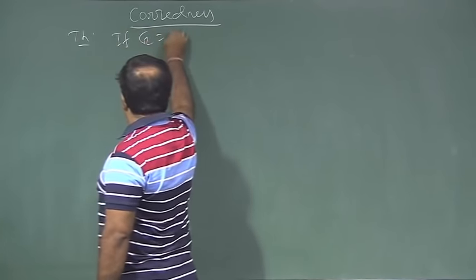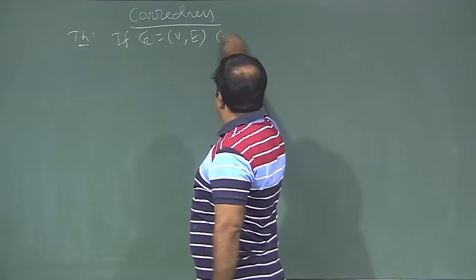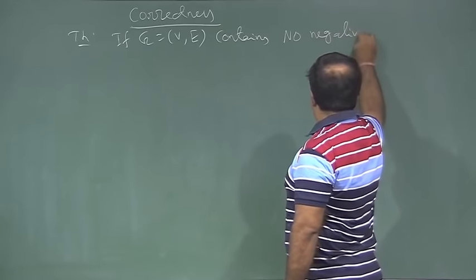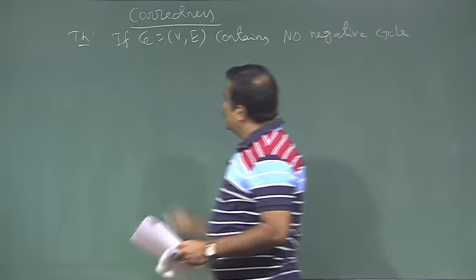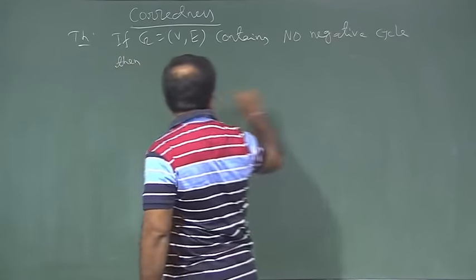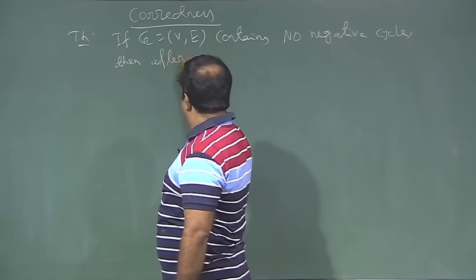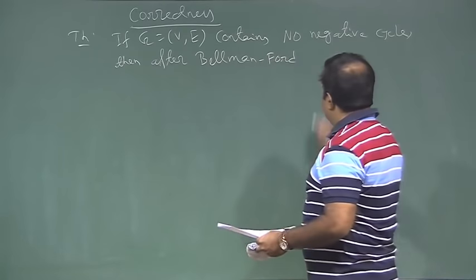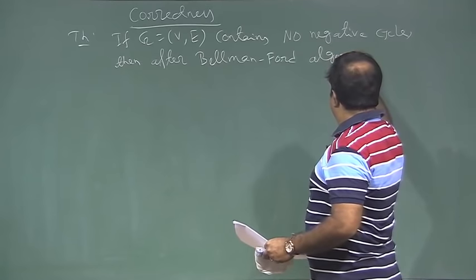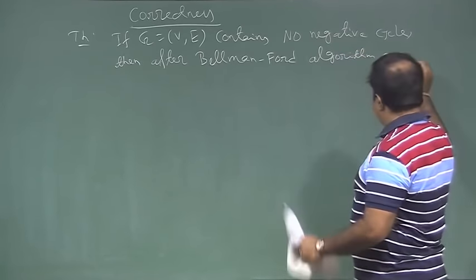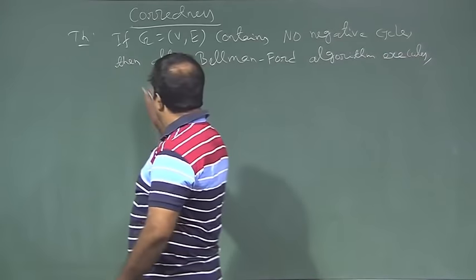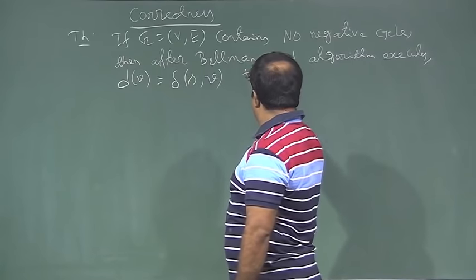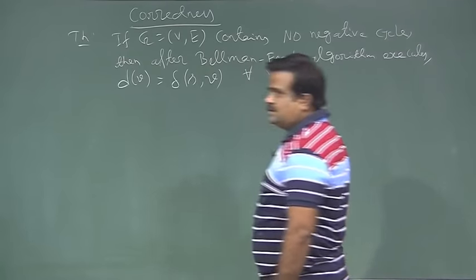If G is a directed graph which contains no negative cycle, then after Bellman-Ford executes, we have the d values, which basically will give us the deltas for all v belonging to V. So, this is the correctness of the Bellman-Ford algorithm.